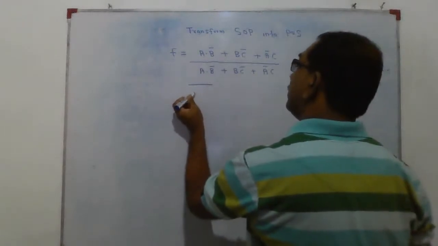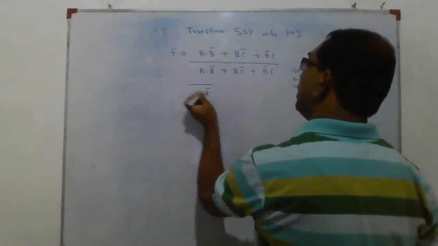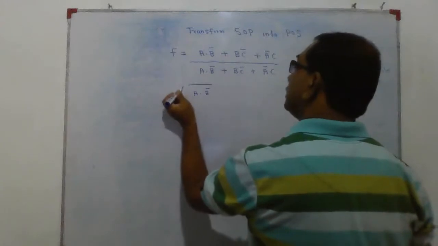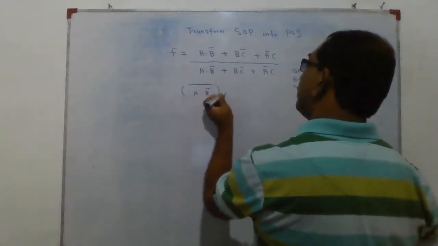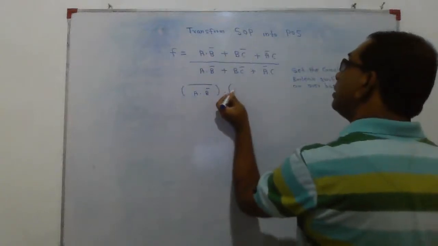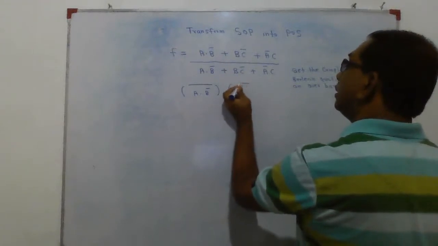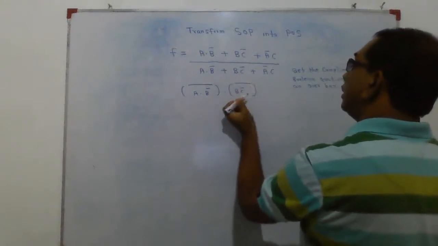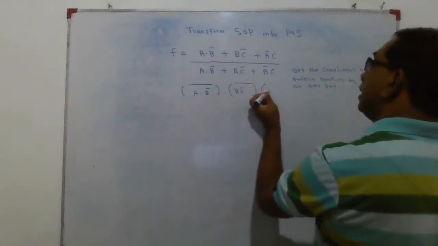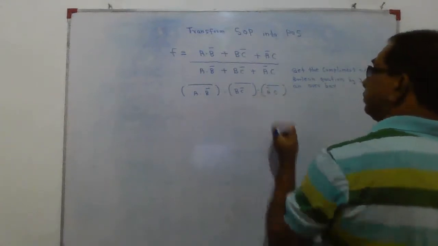After breaking we have A and B bar under that. Then we are moving to AND. We change the OR. So then here B and C bar, we have the AND statement, and then A bar and C, that's a full bar.